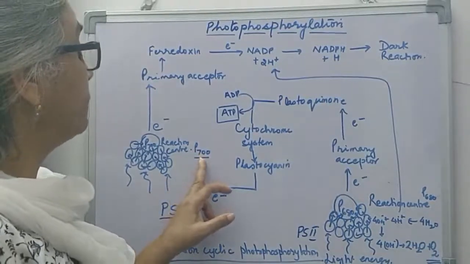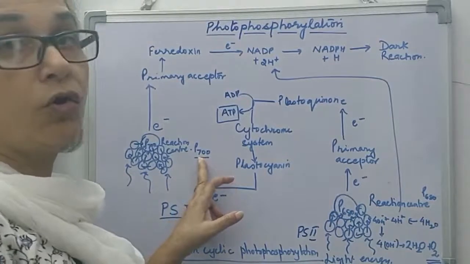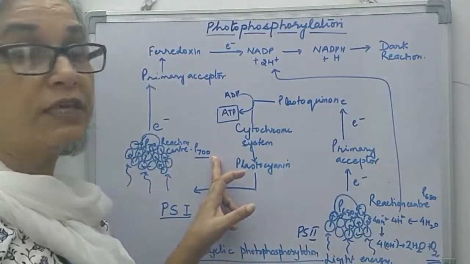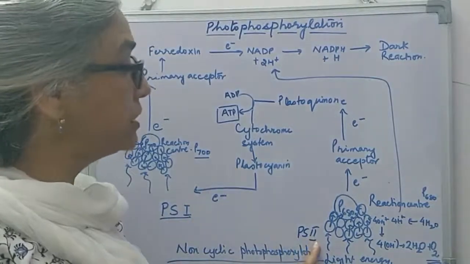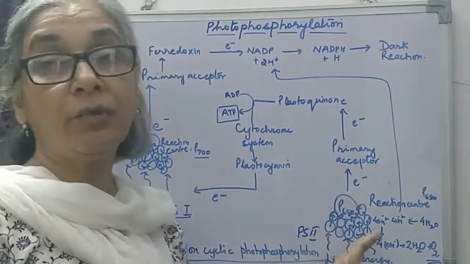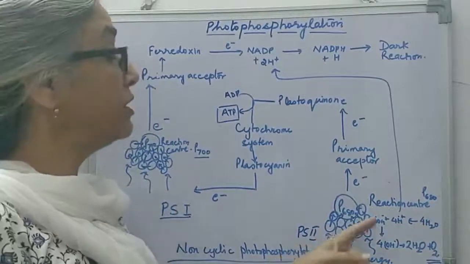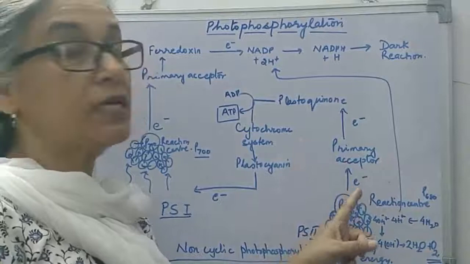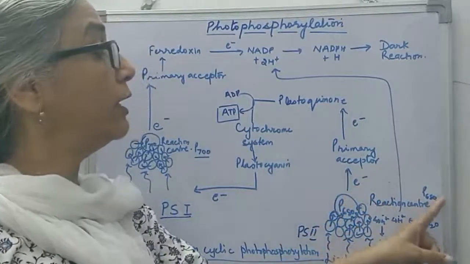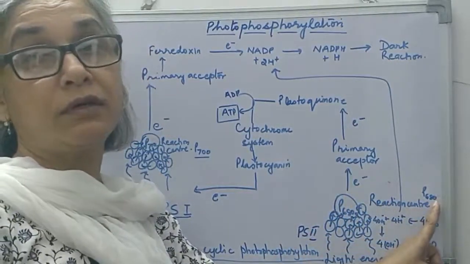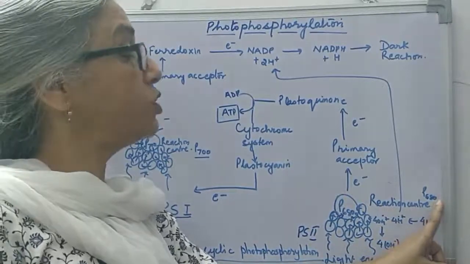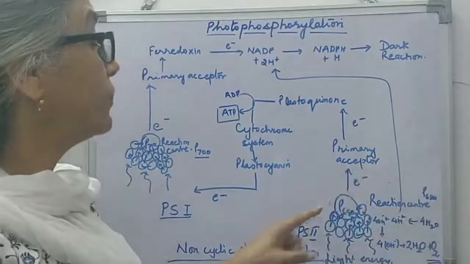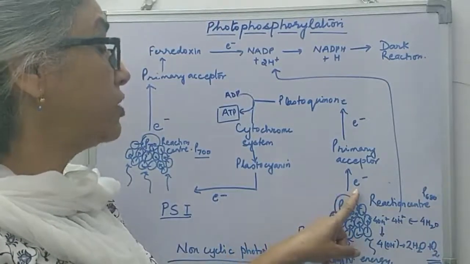Photosystem 1 has a reaction center, chlorophyll A, which absorbs light of wavelength 700 nanometer, whereas photosystem 2 is also made up of several pigment molecules, but the reaction center is just one molecule of chlorophyll A, which has maximum absorption at 680 nanometers. So this will give out an electron.